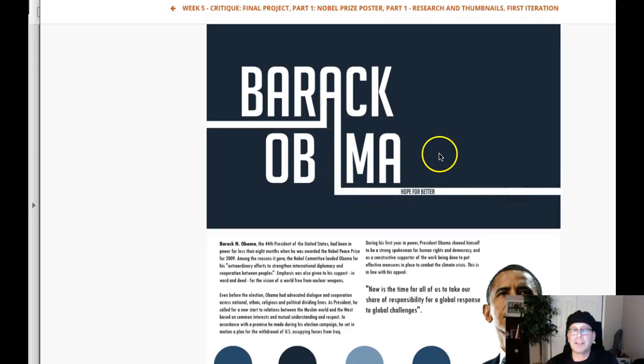I think that's conceptually strong because it represents his travails as president. Being the first black president, there were a lot of uncharted territories, and it was like a maze for him. I think that's a really strong concept.